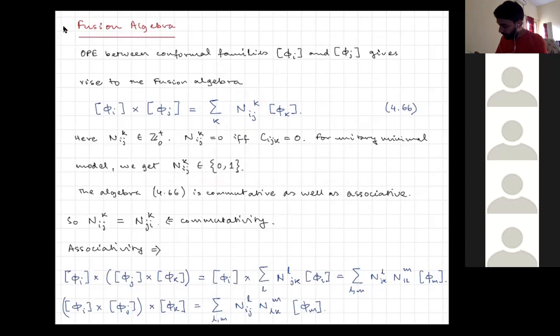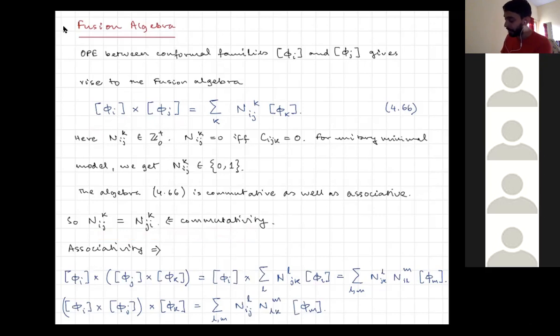So this algebra, 4.6, has a left hand side that is an OPE, right? So this would mean that it's, for example, commutative, because of what we learned earlier. So that means N_ij^k is equal to N_ji^k. That's one.